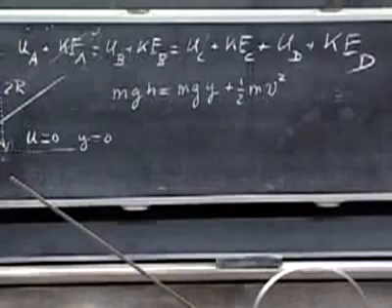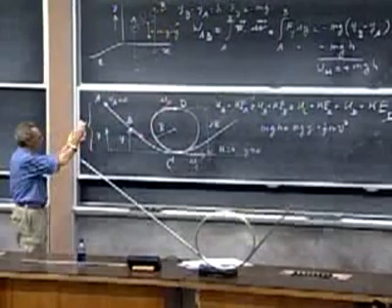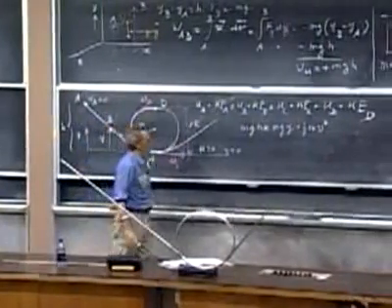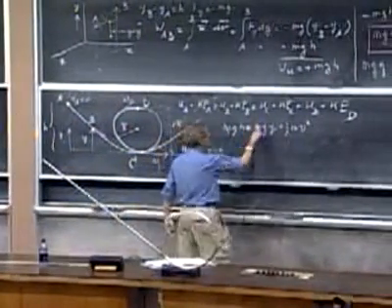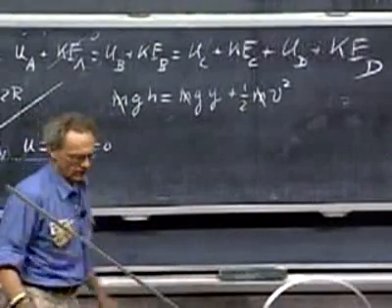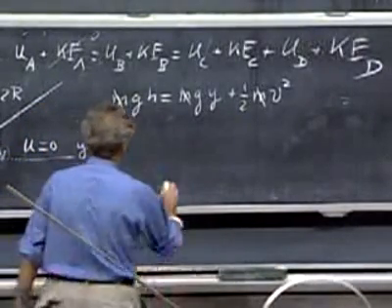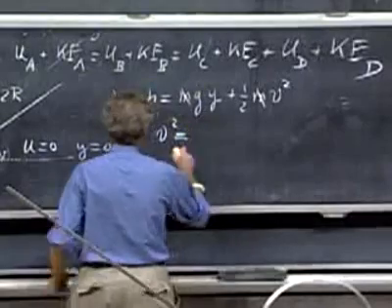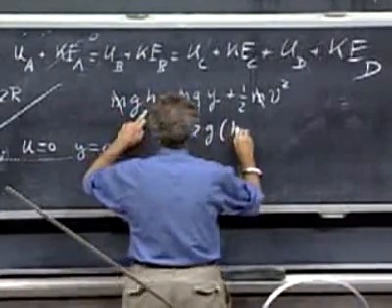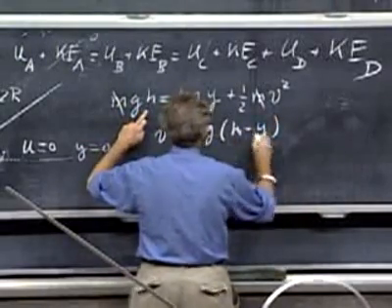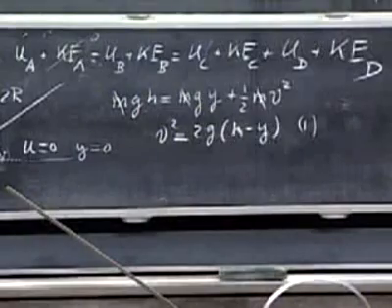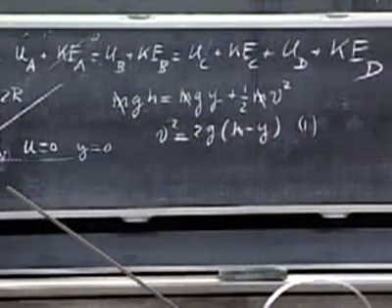What you see there should hold for every point that I have here. It should hold for A, for B, for C, for D, for any point. I lose my m. And so you find, let me summarize it, that v squared equals 2g times (h minus y). So this should hold for all these points. Therefore, it should also hold for point D.